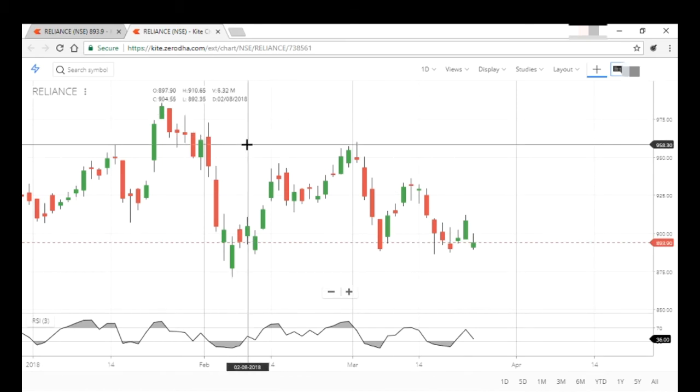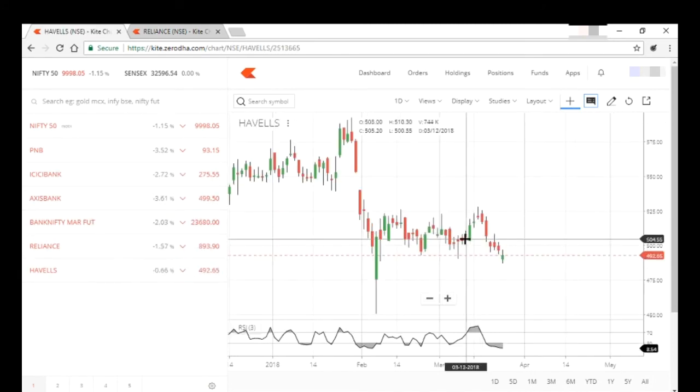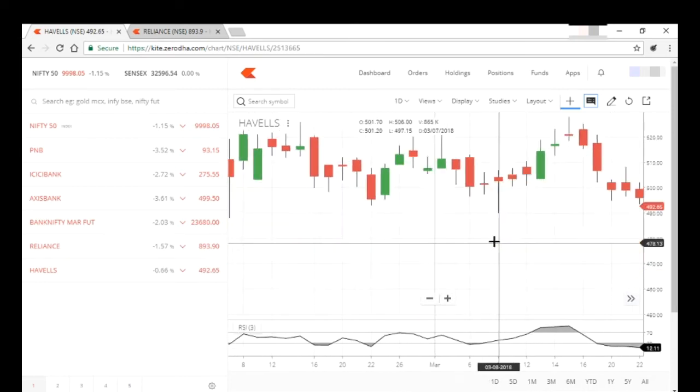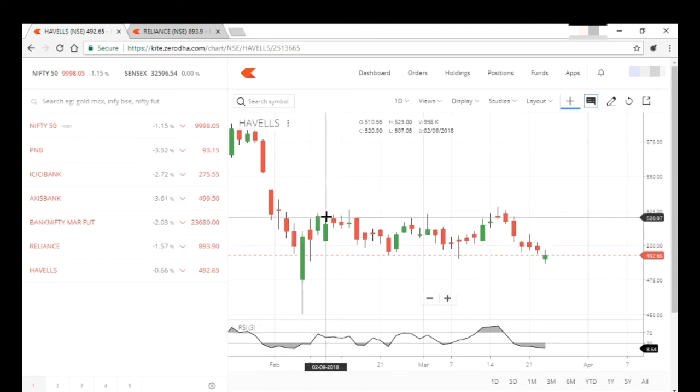So let's quickly look at some other stocks. Let's look at Havells. See, this is a failed gap down. It gapped down, so in the pre-market there was huge selling. People were expecting the stock to come down, but it went up in reality. So you can see the very next day, and for the next 3 days, it was up.